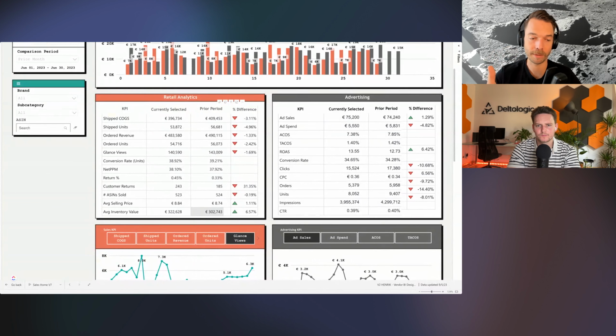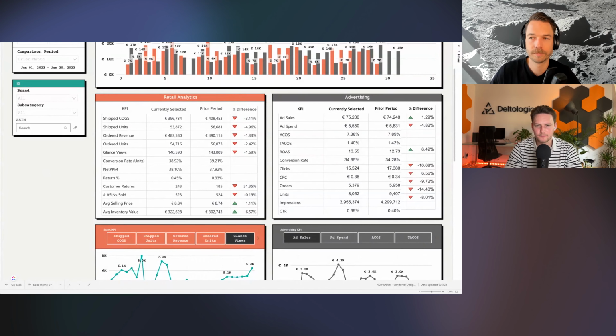If they had taken a look at the average inventory value, they would have understood that this was a measure from Amazon. They wanted to reduce inventory value. So they kept selling the products they already had, and they reduced their reordering of the products that were not running too well, not the A products. They kept on ordering those, but for B and C products they were reducing the orders and focusing on reducing the inventory value. With this example, you understand how these KPIs help me understand my business better.